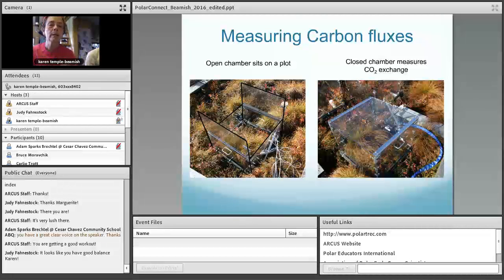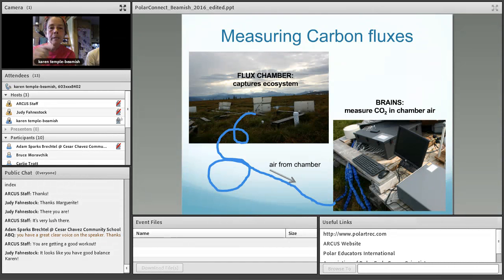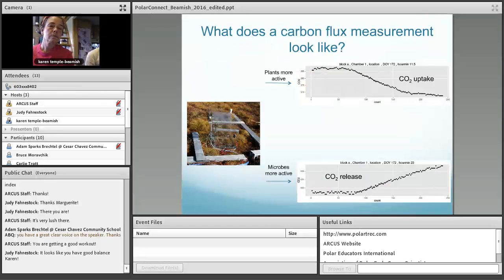Next slide, please. They're connected to a computer, which then measures the amount of carbon dioxide in the chamber air. Next slide, please. So what does a carbon flux measurement look like?